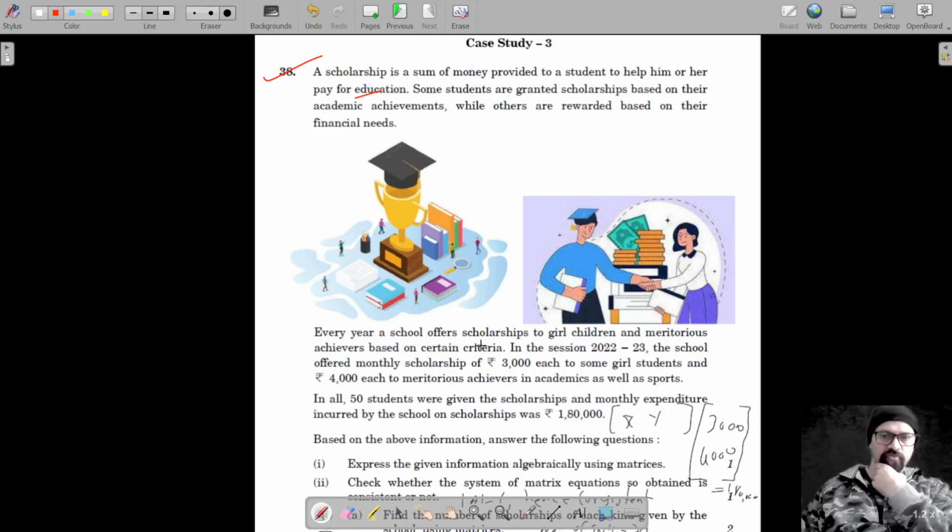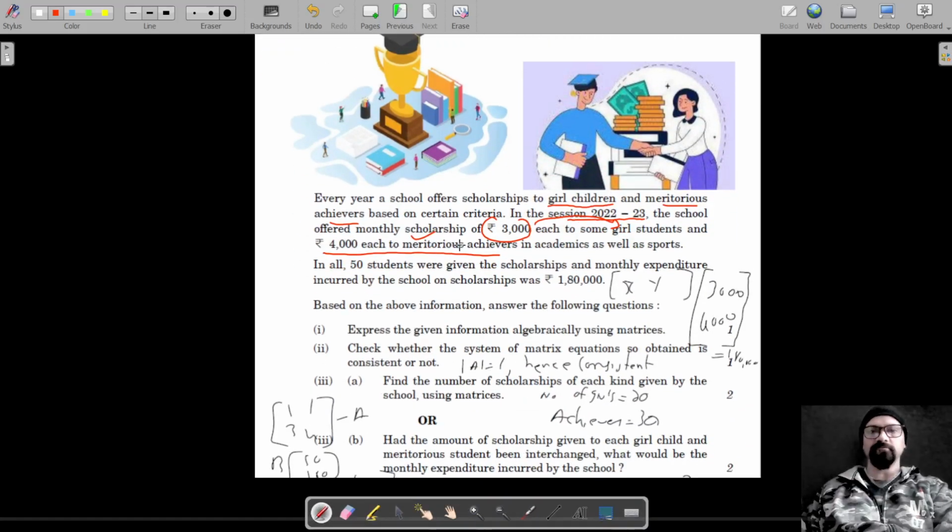Every year, a school offers scholarships to girl child and meritorious achievers based on certain criteria. In the session 2022-23, the school offered a monthly scholarship of 3,000 to girl students and 4,000 each to meritorious achievers.